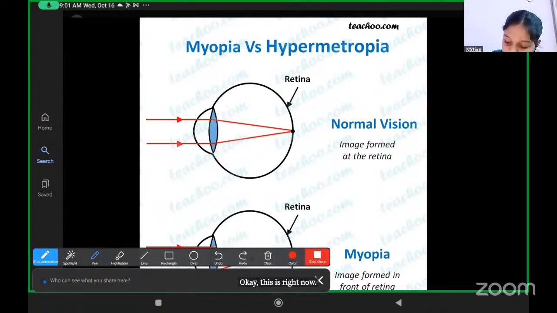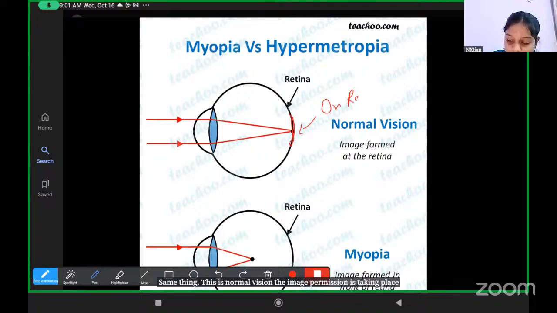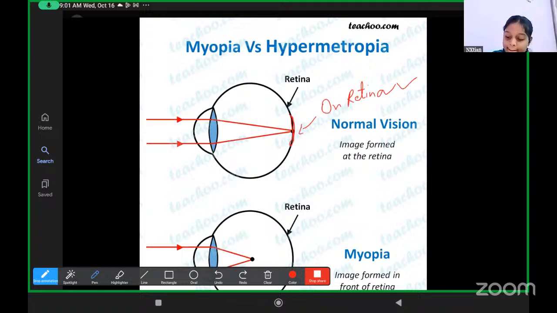Is it hyperopia or hypermetropia? The same thing for me. Okay, same thing. This is normal vision where image formation is taking place on the retina.